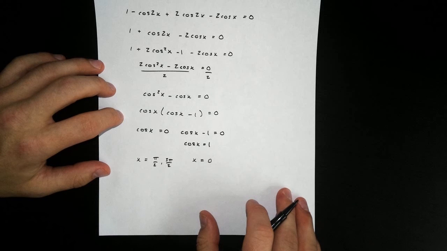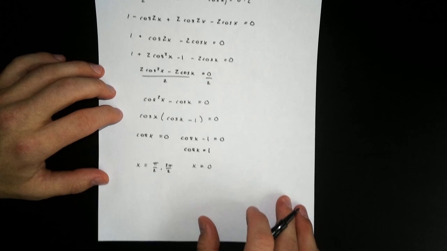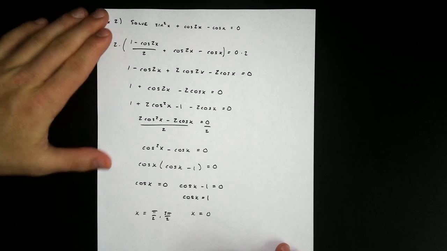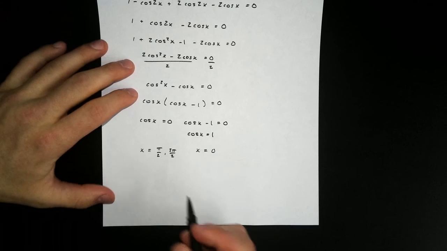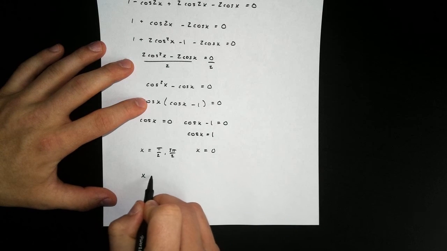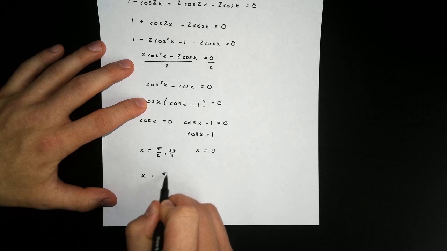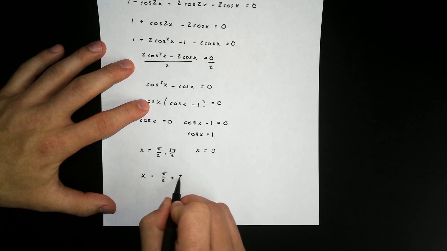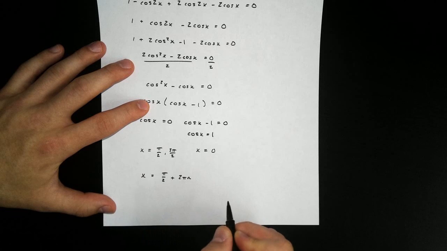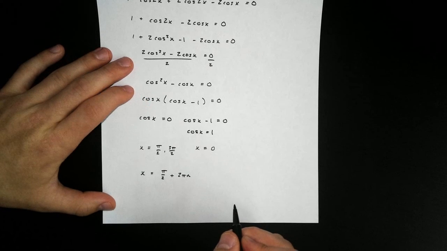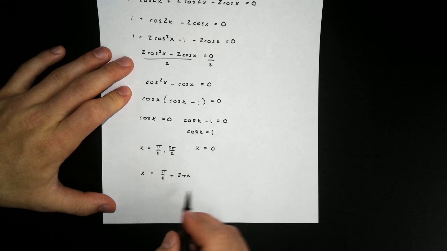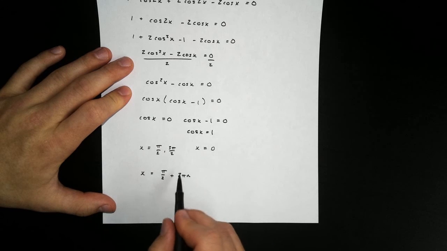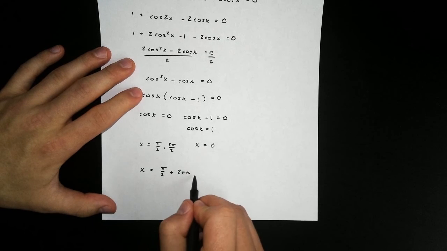All right. Now our equation did just say solve, so why don't we list off all possibilities. So x is equal to pi over 2 plus 2 pi n. The period for cosine is 2 pi, so every multiple of 2 pi will end up with an answer.